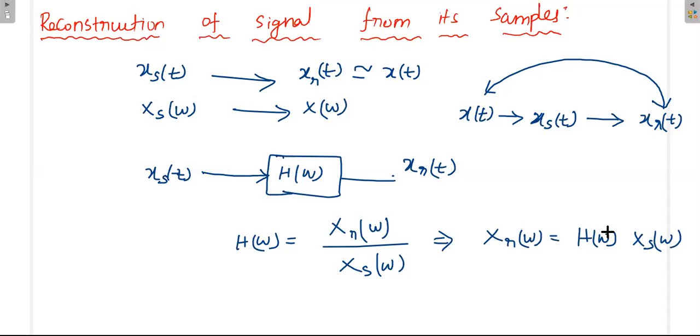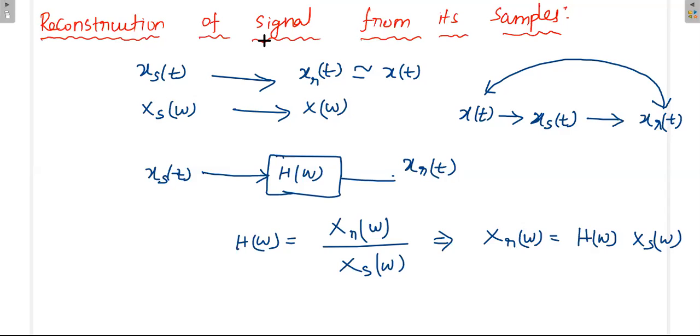Now what should be the spectral shape of h of omega? What is the mathematical function or shape of h of omega? That we have to see now. Again we assume the condition that we want to reconstruct the signal properly.